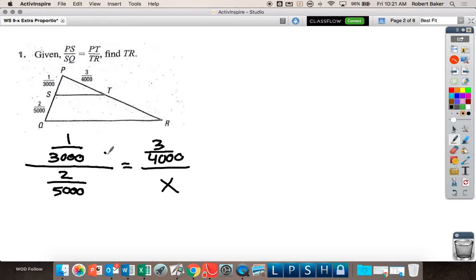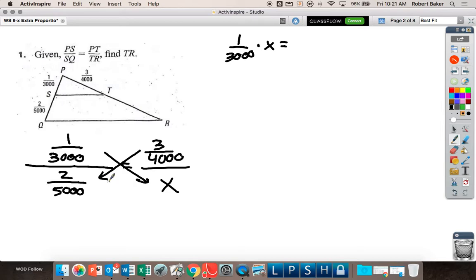So, cross multiply. What happens when you do 1/3000 times x? You get 1/3000 times x. What happens when you do 3 4,000ths times 2 5,000ths?